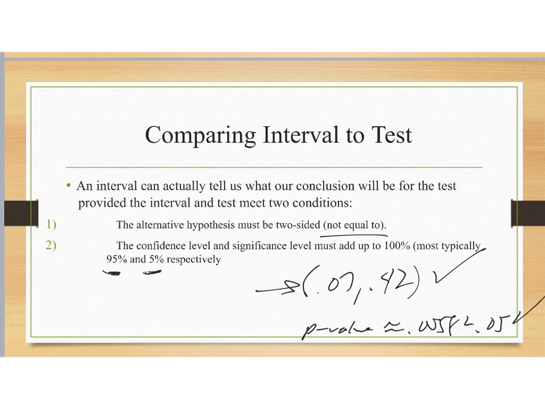In actuality, you'll never really be asked to do both of them in full in one question. You'll be asked to use one or the other, but you may be asked a question like, and this is what I'll end with, based off of this interval, is there evidence of a significant difference?